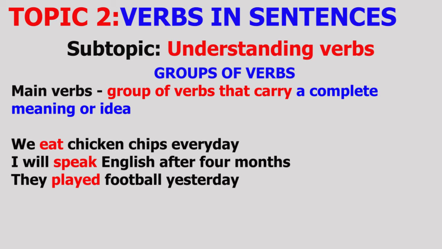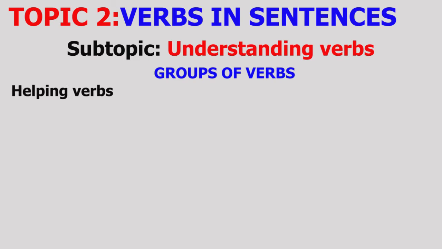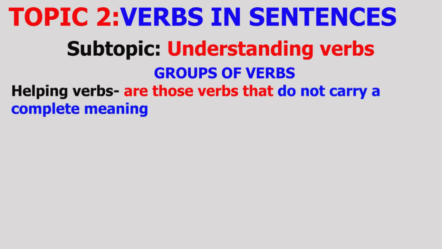Another group of verbs are called the helping verbs. Helping verbs are those verbs that do not carry a complete meaning. As I have said, main verbs carry a complete meaning. Helping verbs do not carry a complete meaning. Their meaning depends on the meaning of the main verbs.